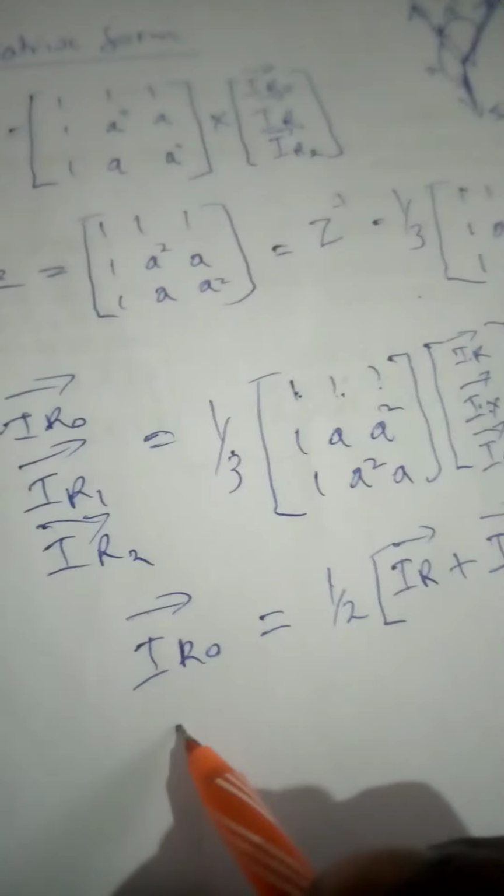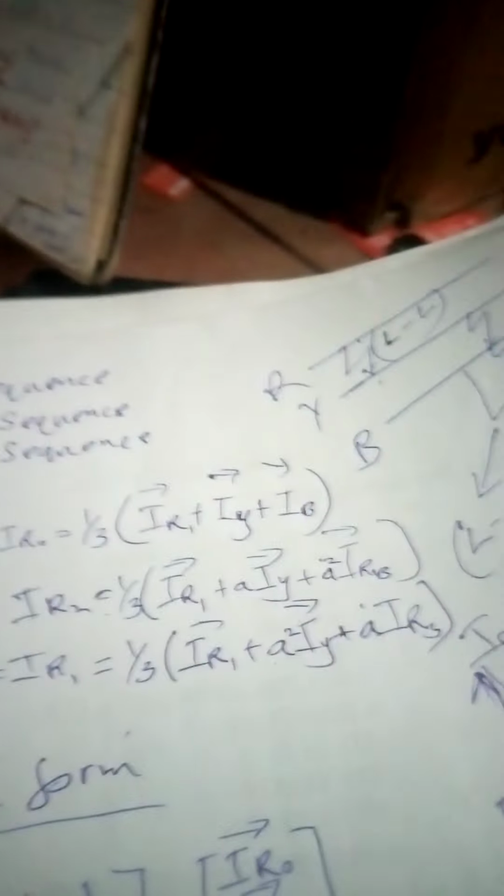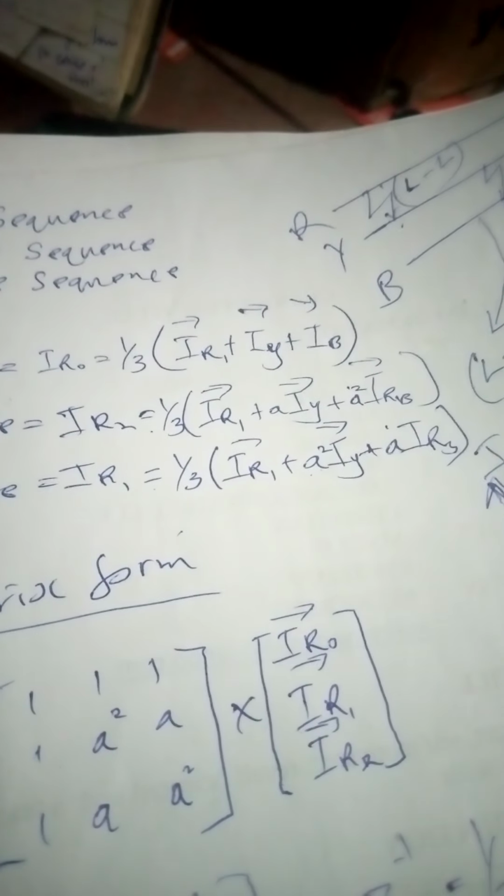You can see this zero sequence is given by that, and here is the same zero sequence, given by the same. You can see it is the same. Let's prove for this is a zero.